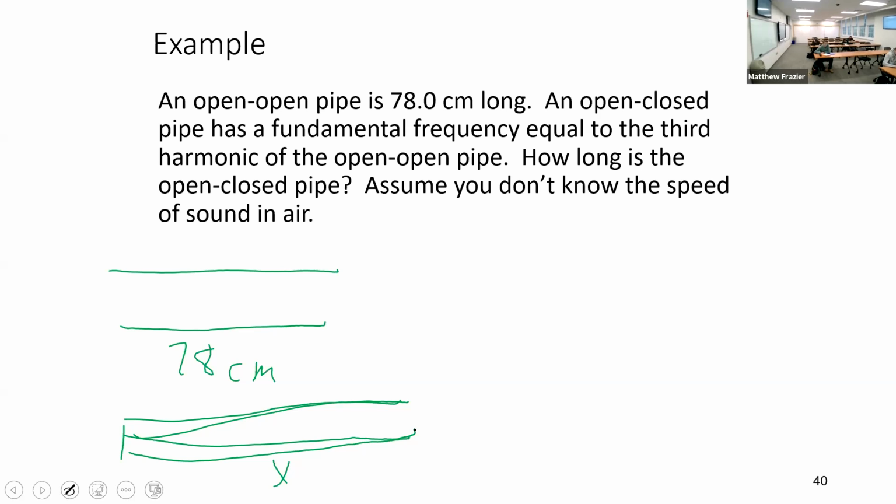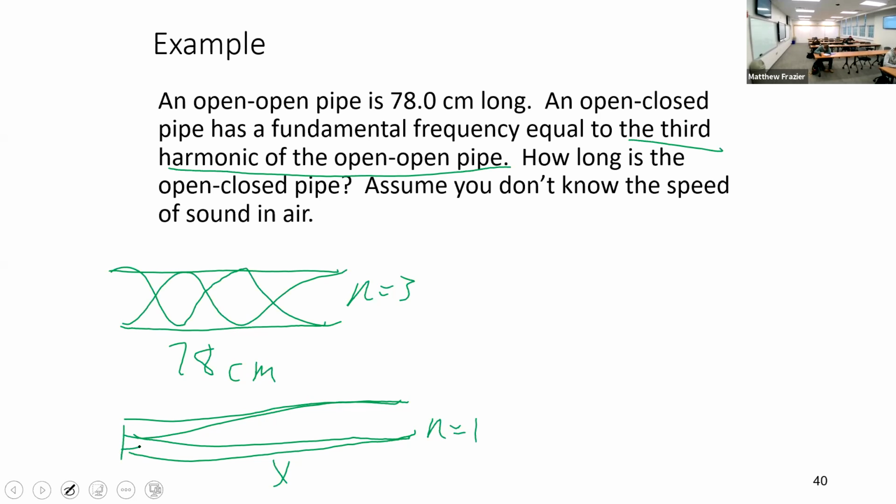It's going to equal the third harmonic of the open pipe. So we draw a third harmonic. That's going to be 1/2 wavelength, 2 halves, 3 halves. So it looks like that. We have n equals 3 for the open pipe, n equals 1 for the closed.